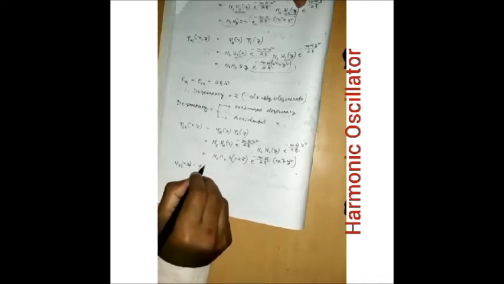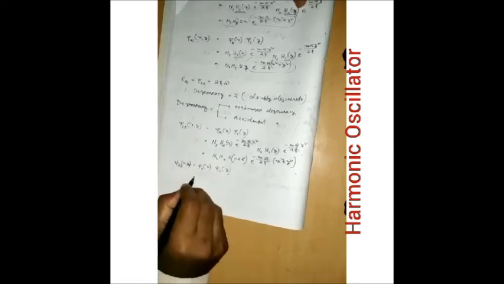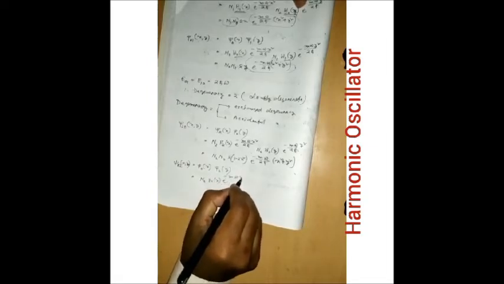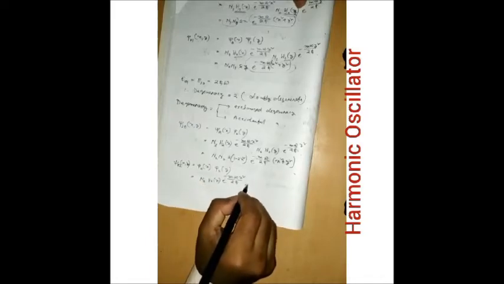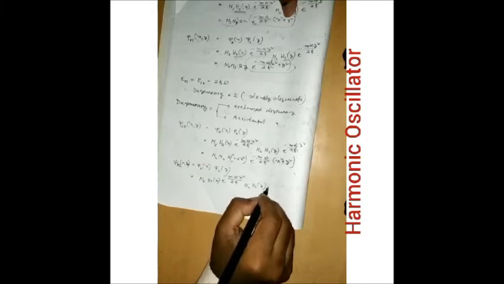So psi 0 of x and psi 2 of y. This is N naught H naught x e raised to the power minus m omega x square upon 2 h cut, and for psi 2, N2 H2 y and e raised to the power minus m omega y square upon 2 h cut.